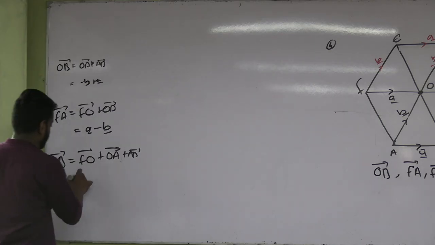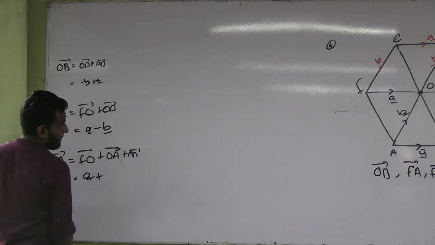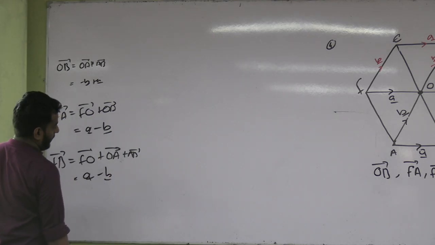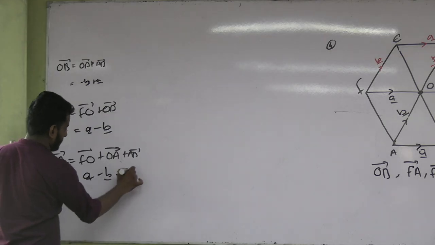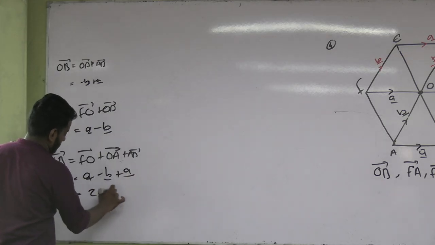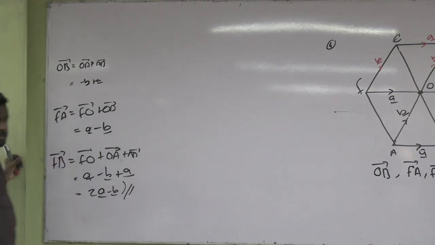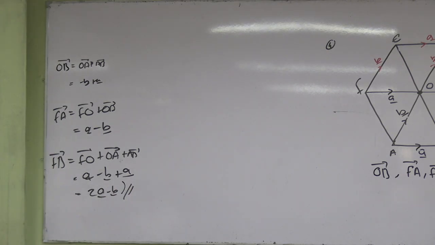So FO is simple A and OA is minus B and AB is plus A. So this is the answer we get for FB, 2A minus B. Okay, right.